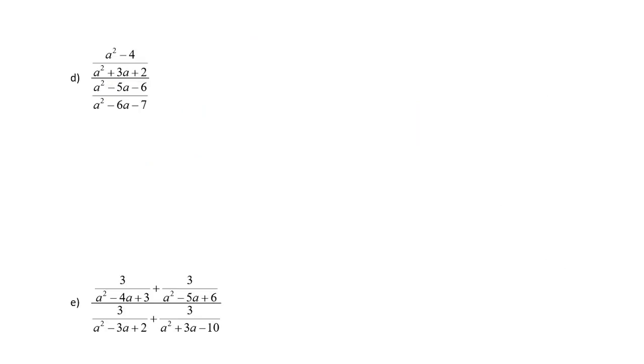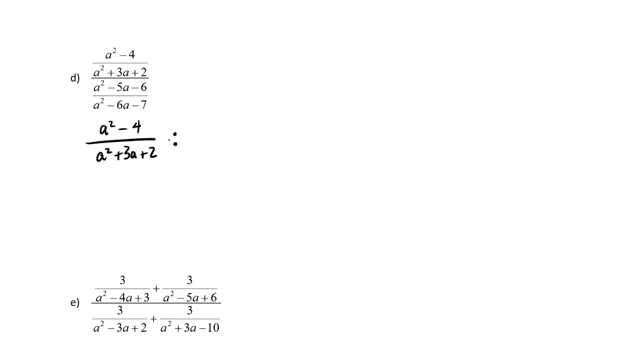This next complex rational expression has trinomials in the numerator's denominator and the denominator's denominator. So I'm going to break these apart, and I'm going to rewrite this as a fraction divided by another fraction. So I have a squared minus 4 over a squared plus 3a plus 2.